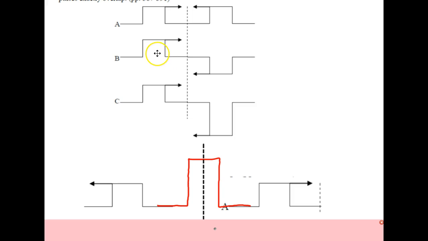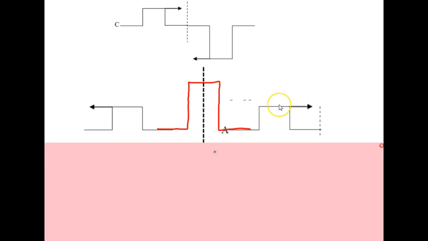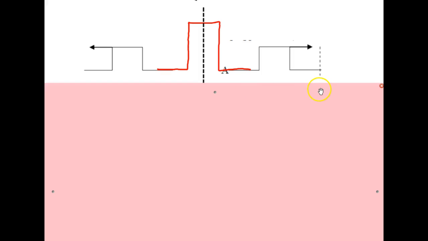B is a crest on the left moving to the right and a trough on the right moving to the left, and this crest and this trough have the same amplitude. What's going to happen when they meet up? Well, they are out of phase, so they are going to destructively interfere. That means their amplitudes are going to subtract from each other.